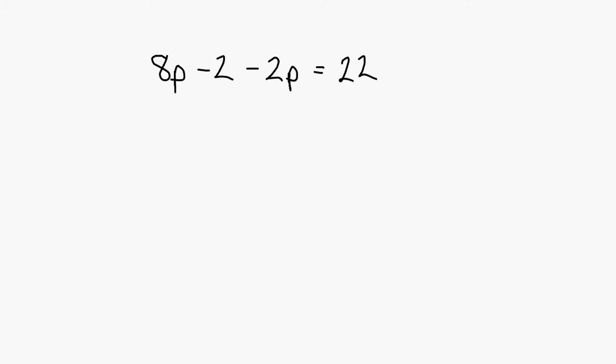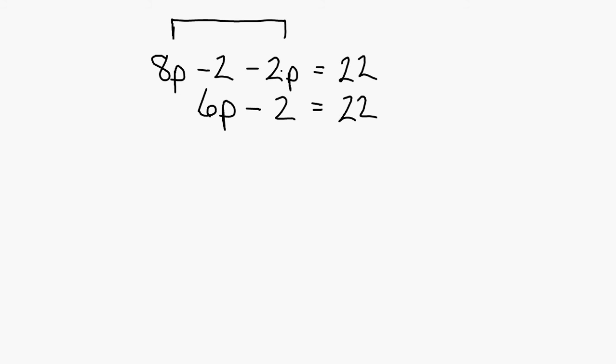In this case, you have an 8p and a negative 2p on the same side of the equal sign, so you're going to combine those. And 8p minus 2p is 6p. The negative 2 just falls down, and so does the equal sign and the 22.